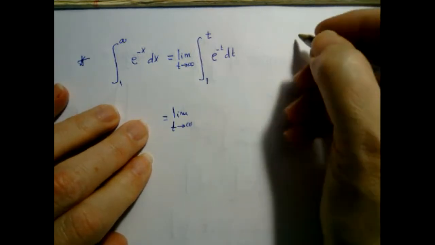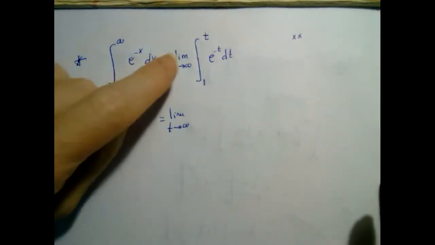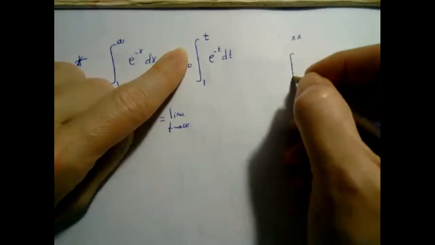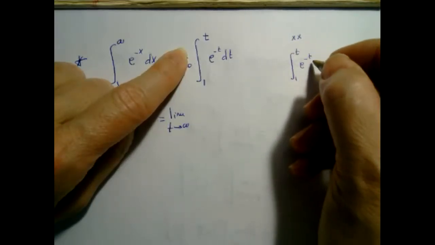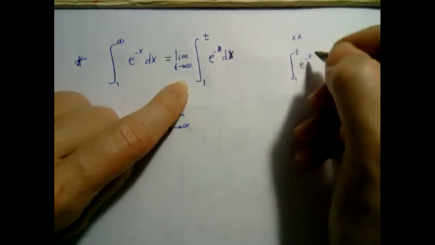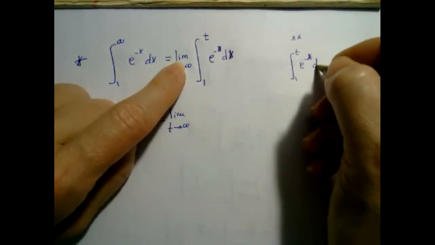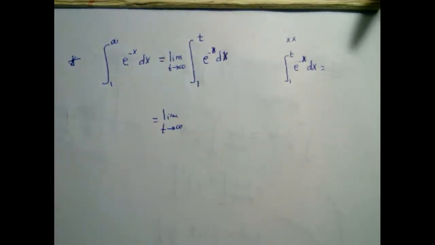I would like to do it here on the side, just so I don't mess up with the limit. What's the antiderivative of e to the minus x? Do we know the antiderivative of this function? Have we seen this before?